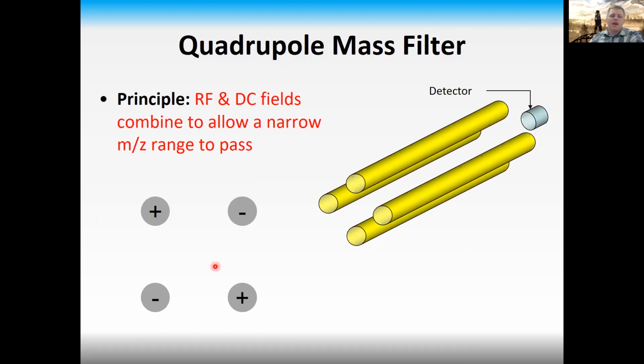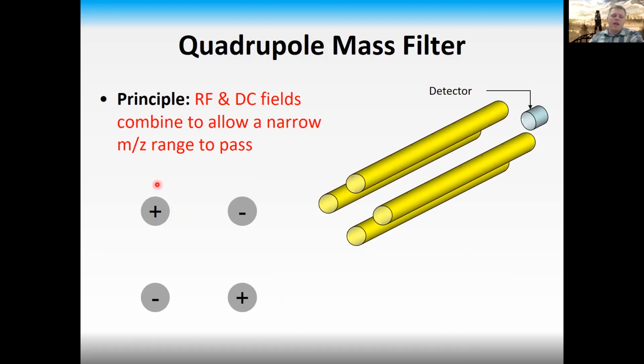And right here I have a front-on view. What's going on is the poles that are opposite of each other are paired. So you have 2 positive poles and 2 negative poles here. Then you apply an RF frequency through each of these poles and a DC potential through each of these poles. So you're actually applying the RF and DC at the same time.